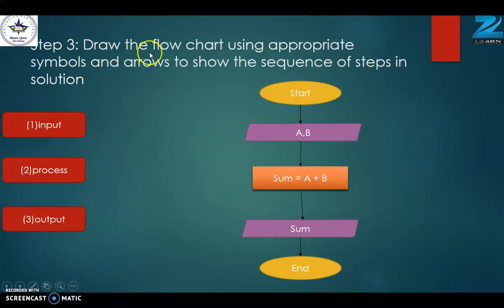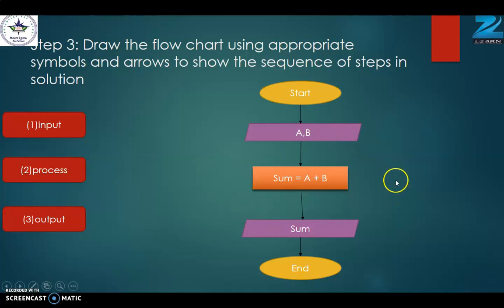Step 3. Draw the flowchart using appropriate symbols and arrows to show the sequence of steps in the solution. So start and end. You can see here the starting of the flowchart and the ending of the flowchart represented by an ellipse. Then input, that is A and B, represented by a parallelogram.